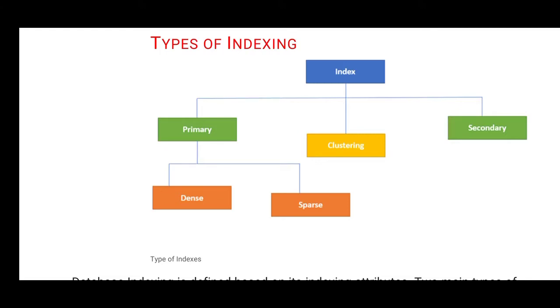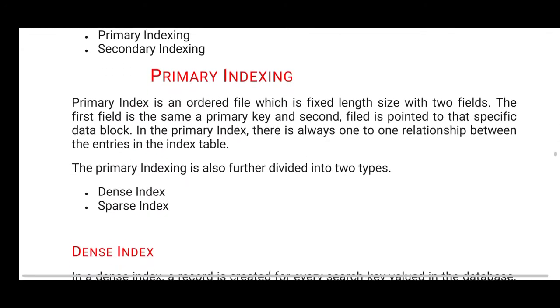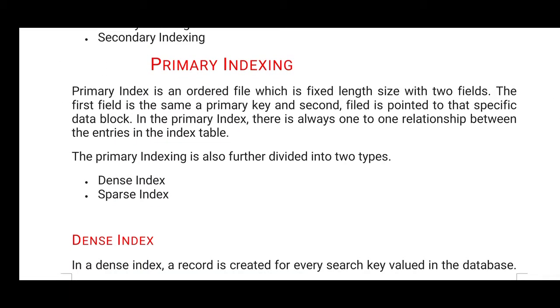Indexing has primary indexing, secondary indexing and clustering indexing. First, the primary indexing: it has a fixed size with two fields. The first field is the same as the primary key and the second field points to the specific data block.